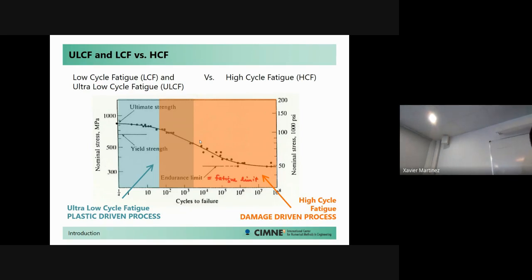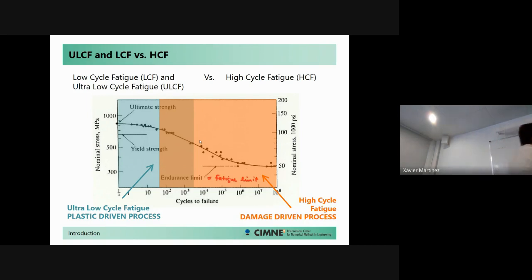It's fatigue for number of cycles above usually 10,000 cycles, and it's a damage-driven process, because as you are below the yield strength, plasticity does not play any role. Then we've got this blue line here, which is called ultra-low cycle fatigue. It's the fatigue that you find for very few cycles, less than 100, for example. And in this case, we are above the yield strength, and then plasticity phenomena will take place.